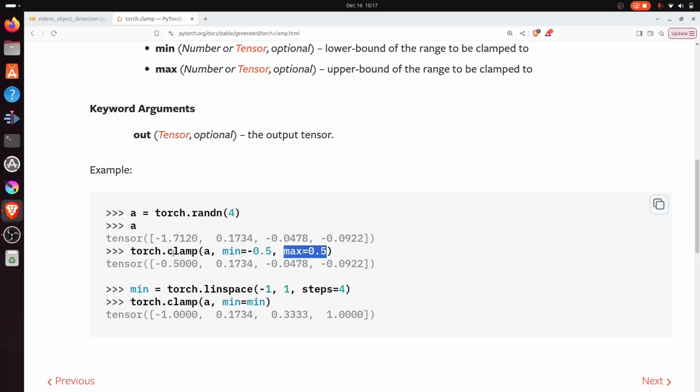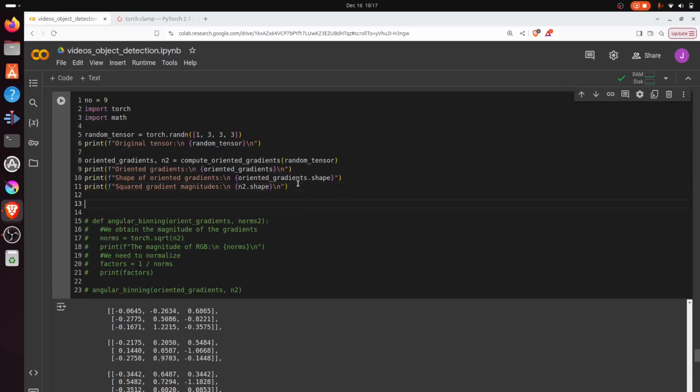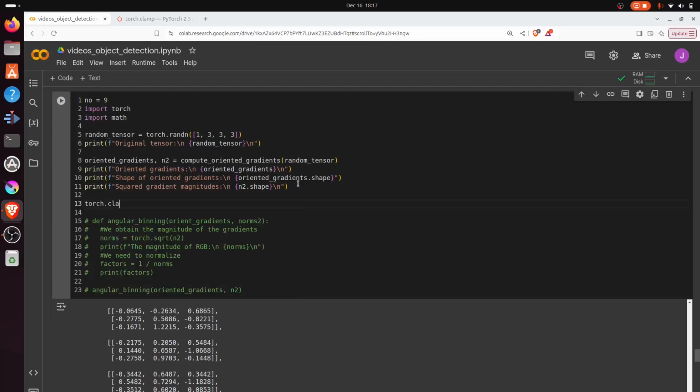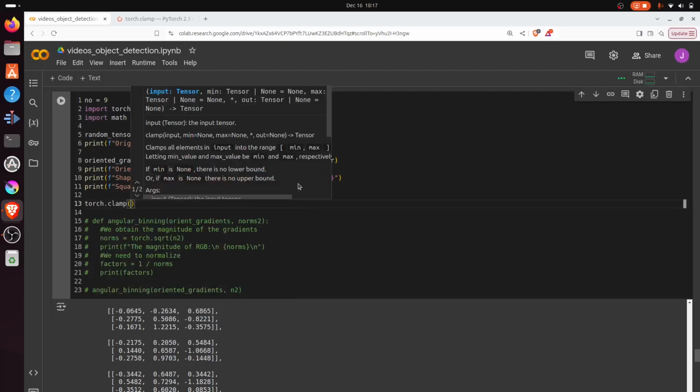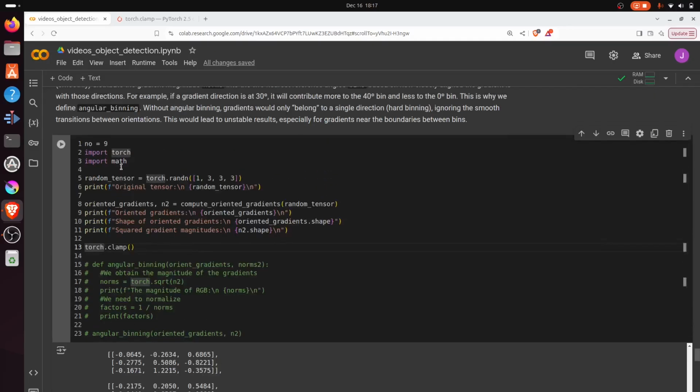So let's just do it. Let's comment this out for now and clamp it. If we do torch.clamp, we need to input the tensor.